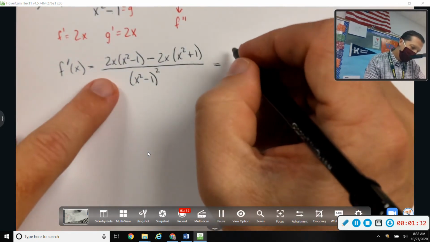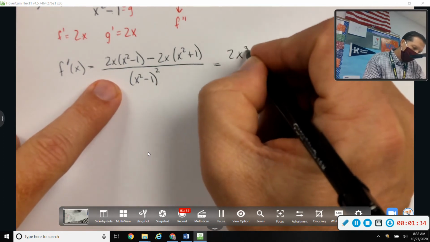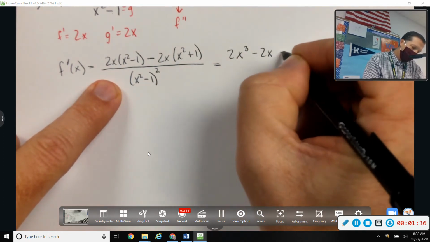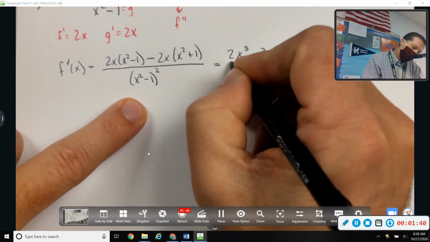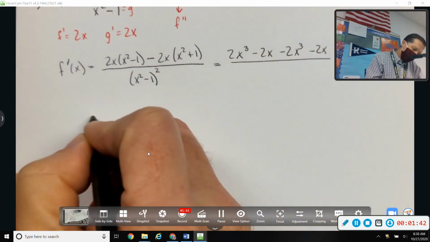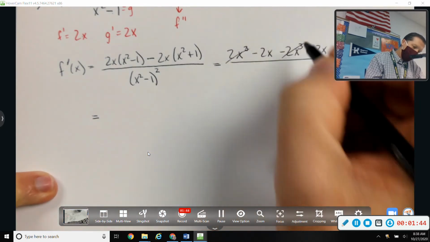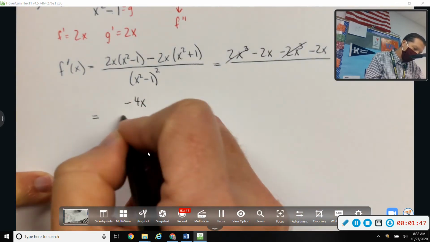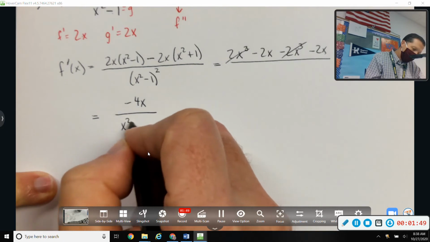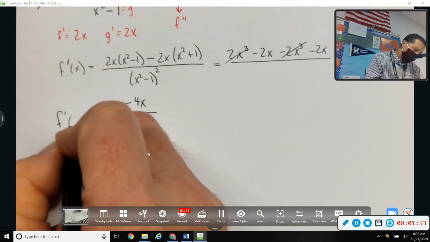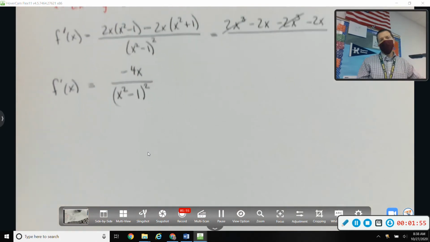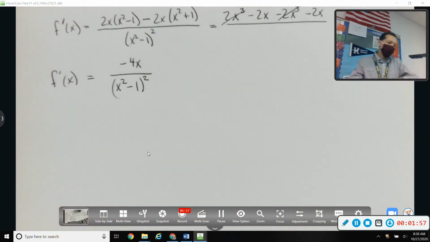Okay, so 2x cubed minus 2x minus 2x cubed minus 2x. Okay, so that's not awful, I guess. Negative 4x over x squared minus 1 squared is our first derivative. Now we get to do it again.